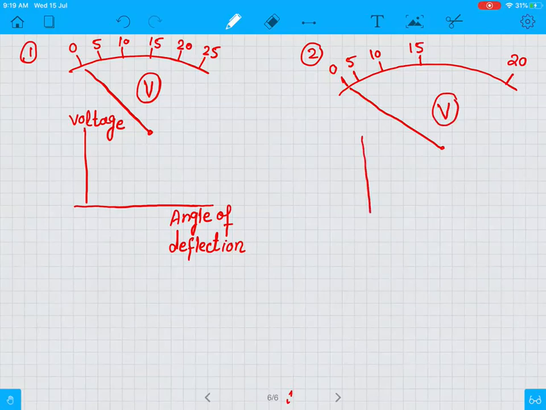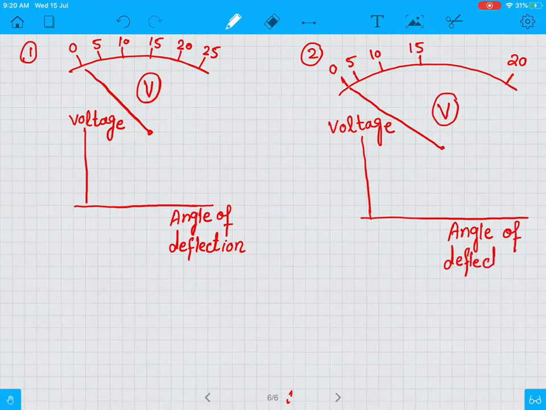You have to plot a graph of voltage, the actual quantity, on the y-axis against angle of deflection on the x-axis.